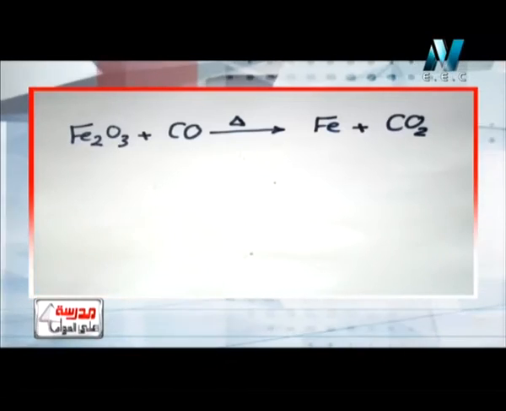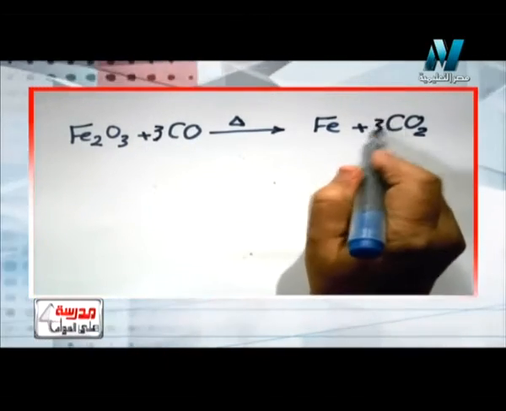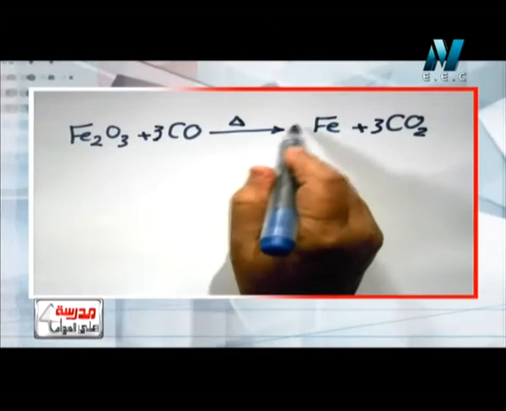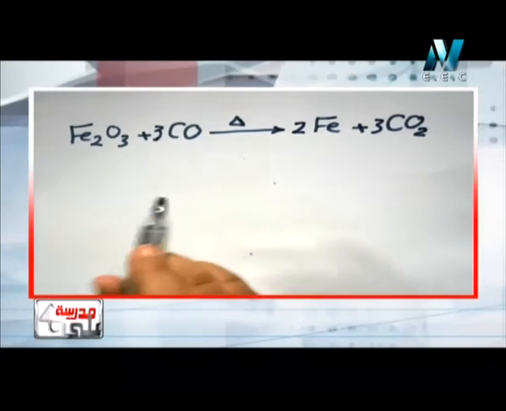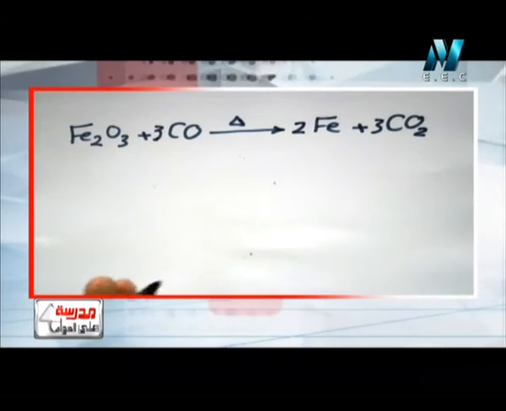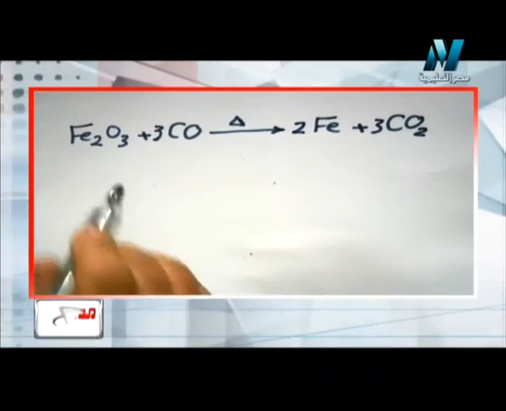It is very important to balance the equation. Here we want to get rid of 3 oxygen atoms, so we take 3 carbon monoxide to get 3 carbon dioxide and 2 Fe. I said this is in a furnace called the blast furnace. It is found in Helwan.